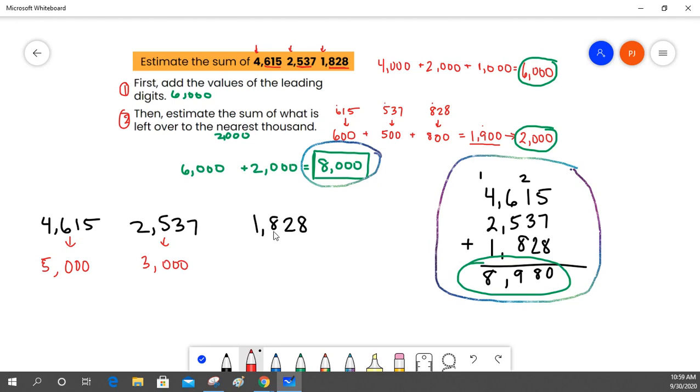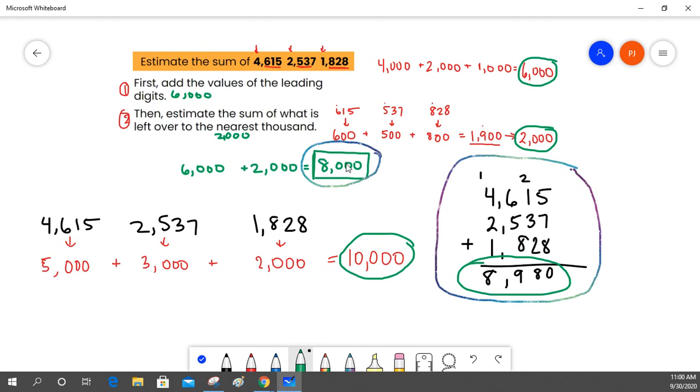And 1,828 is going to round up to 2,000. So I can add these together. I have 5,000 plus 3,000 plus 2,000. Well, I know 3 and 2 makes a 5 plus 5. Ooh, so my answer here is 10,000. This is my answer if I round each number to the nearest 1,000 and then add.